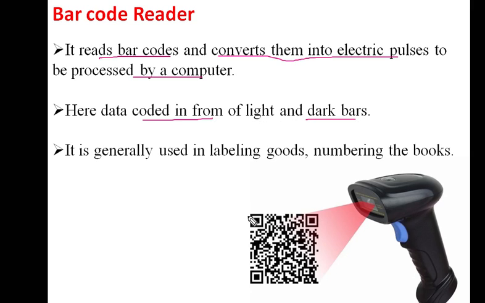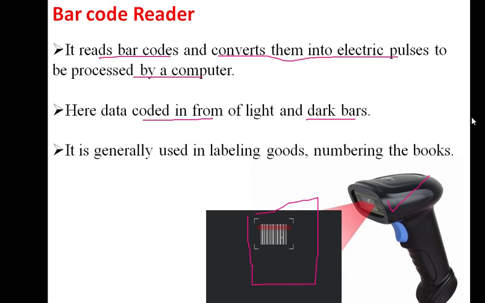Here you are seeing this is a barcode. Then this device we can call a barcode reader. If you want to scan the barcode, it is going to read the content of the barcode. And it is generally used in labeling goods and numbering books.